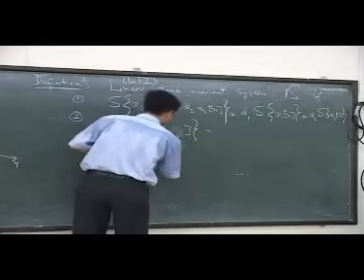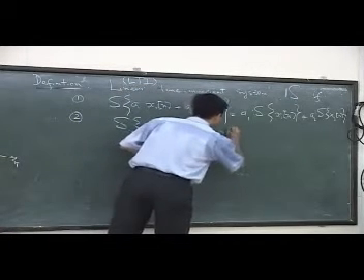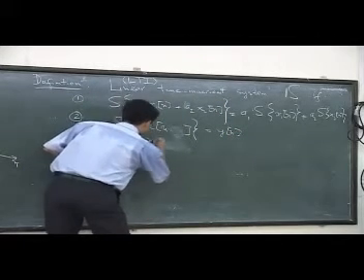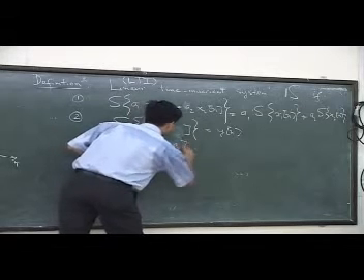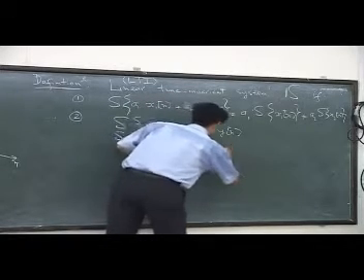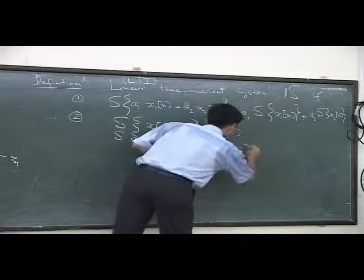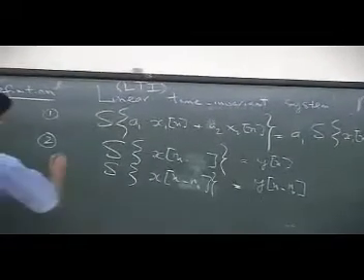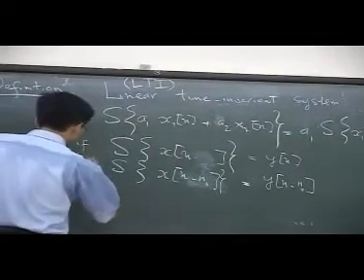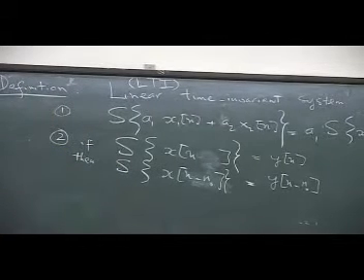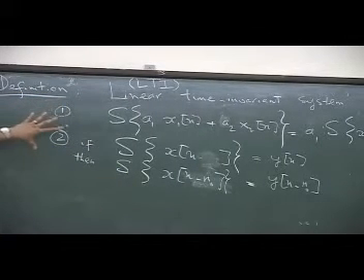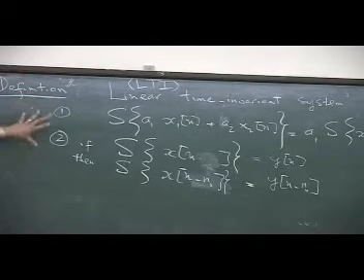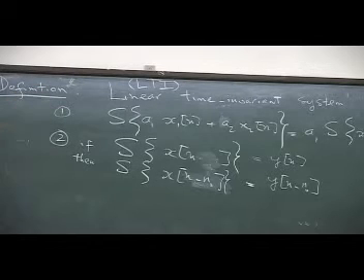Let us assume that I have y[n] equal to S of x[n]. Then S of x[n minus n0] simply gives me y[n minus n0]. So a system S that satisfies these two properties is called a linear time invariant system, so-called LTI.